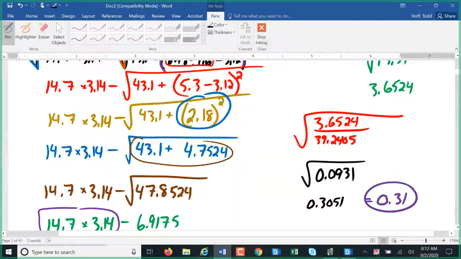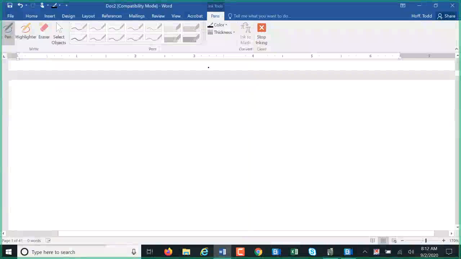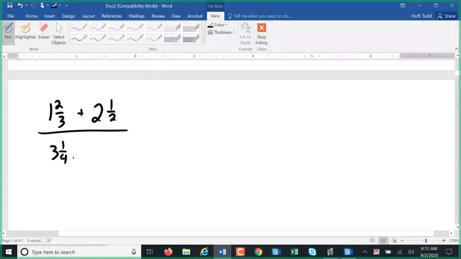Now, yes, I realize you throw in the decimals like that, that gets ugly. The same thing happens when we throw in fractions. You know, we might have 1 2/3 plus 2 1/2 over 3 1/4 times 2/5.